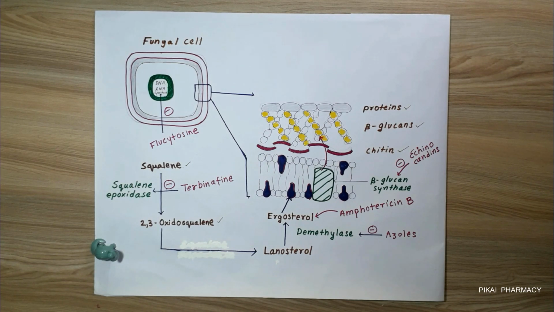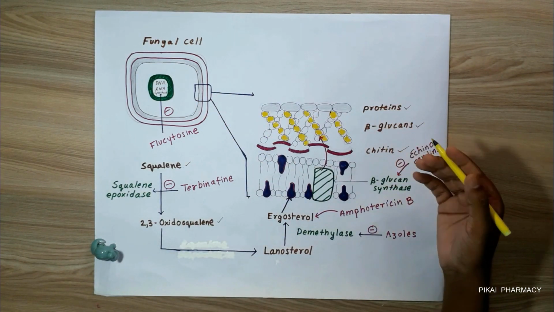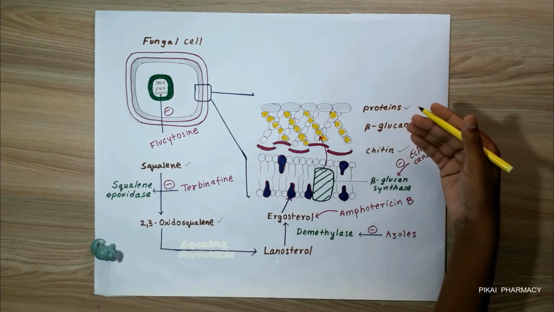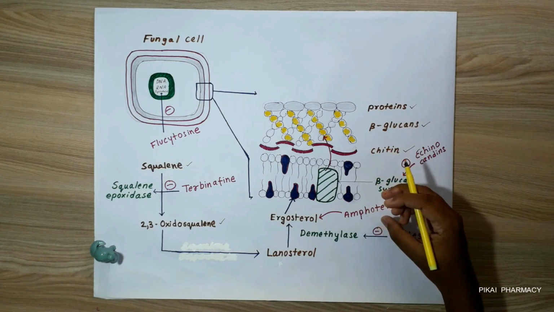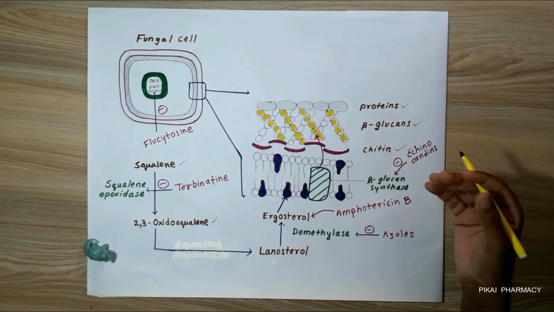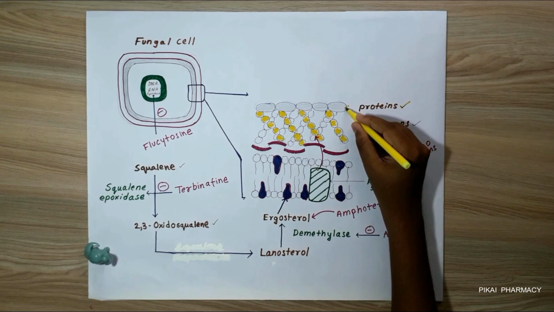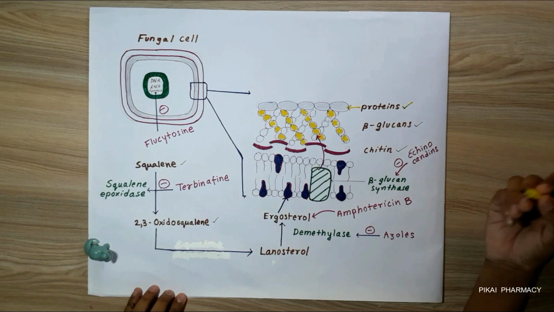So here is the fungal cell wall and the cell membrane that I have drawn in detail. The outward part represents the fungal cell wall and the inner portion represents the cell membrane. The fungal cell wall is composed of proteins. So these are the proteins you can see, and below the proteins occur beta glucans.